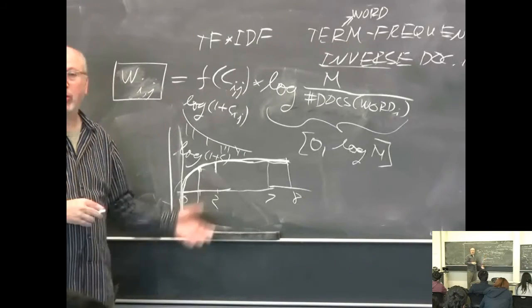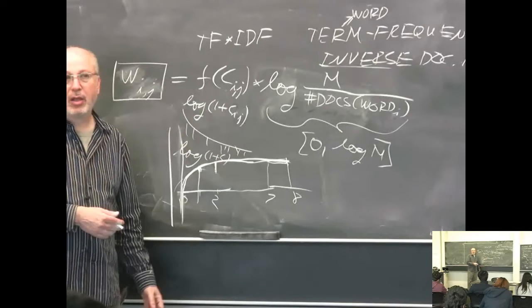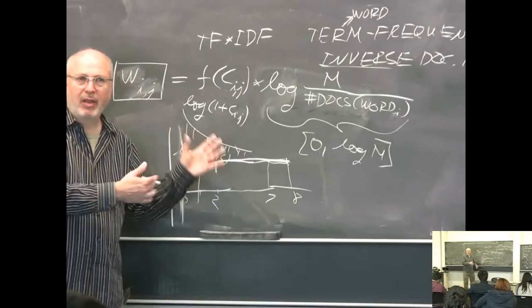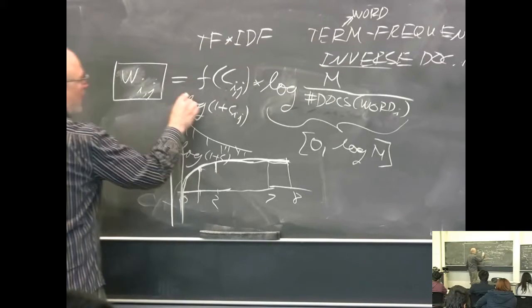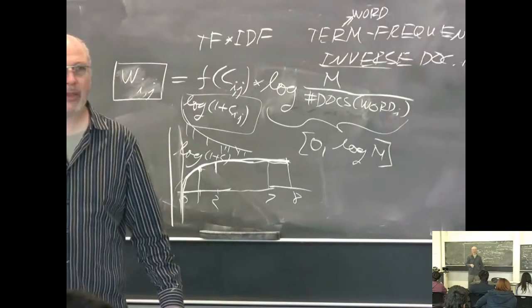This is not the only way to do it. And there are theoretical arguments for this and against this. Some people think of it as ad hoc. Some people try to derive it from some statistical principles, some assumptions. But it is a very common function to use here. There are people here who work in IR, so they know better than I do what the current state of the art is.